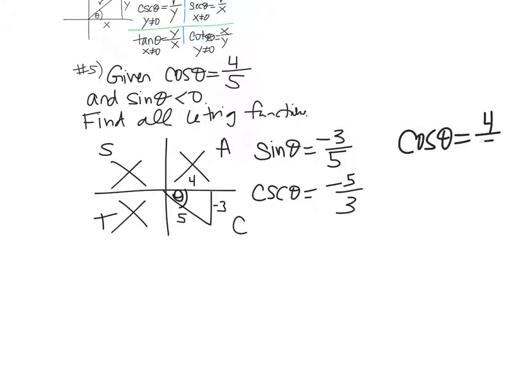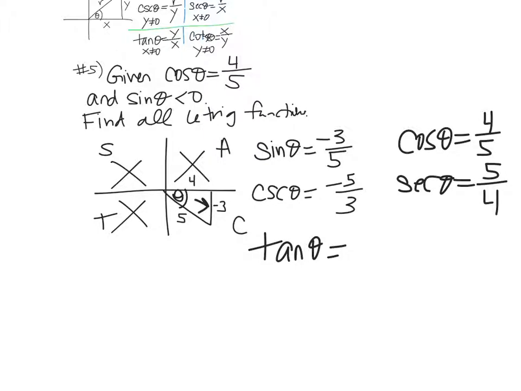Cosine is 4/5, which means secant is the reciprocal 5/4. And then tangent of theta, TOA. Opposite, so here's the opposite side over the adjacent side, and then cotangent is the reciprocal. Okay? You remember doing those two?